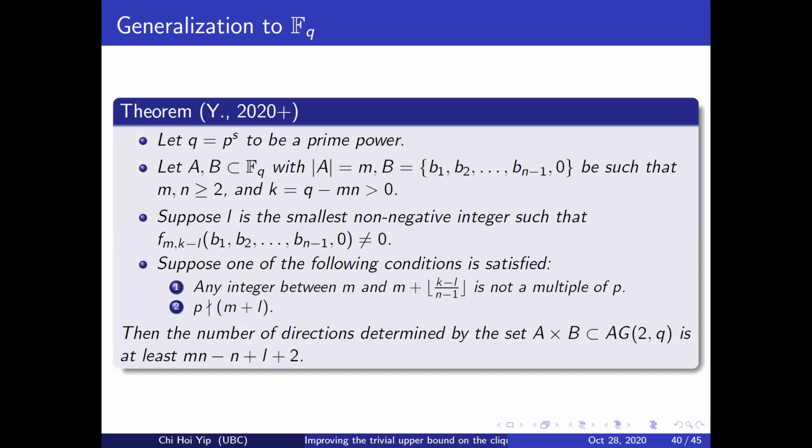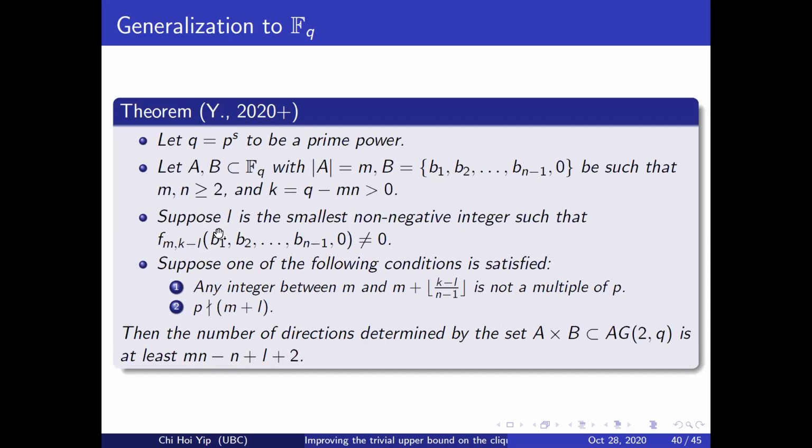Okay, so the setting will be similar to the previous one. Let q be a prime power and let A have size m, B have size n, where we assume 0 is included in B for convenience. And we also suppose that k equals q minus mn is a positive number.